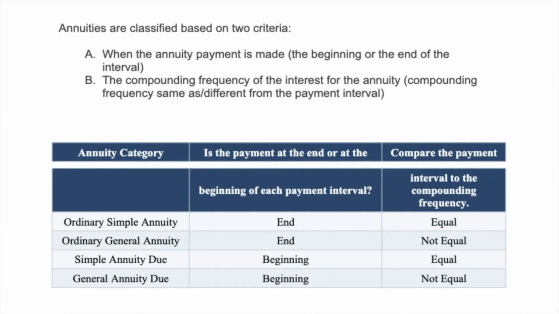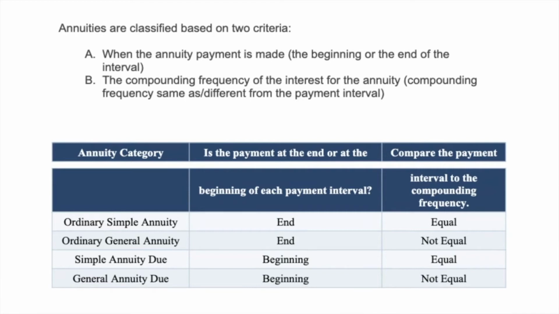Monthly and monthly, they're the same. That's what's called an ordinary simple annuity. And you can see in the little chart below, an ordinary simple annuity: the payment is made at the end of the period, and the payment interval and the compounding frequency are the same, monthly.